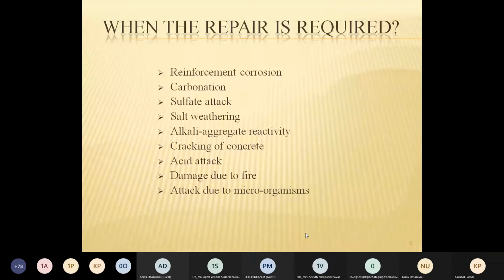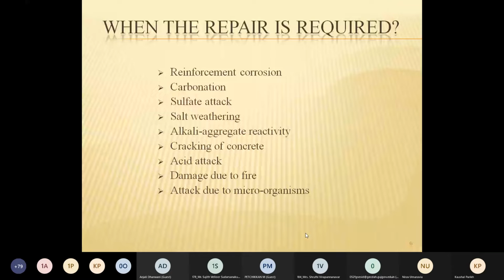But the important point is that a minor effect of cracking is fine for repair; if it is major cracking, then we have to go for either rehabilitation or retrofitting. Others are acid attack, fire damage, or attack by microorganisms. These are the cases where repair of a structure or structural component is required.